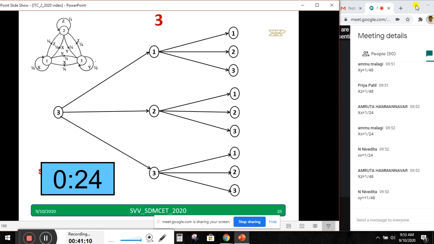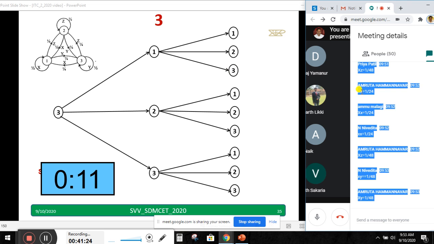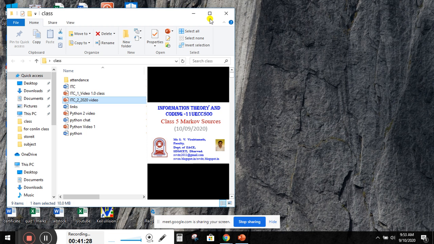Nivedita, XY, she is typing 1 by 48. I'll wait for another few seconds.